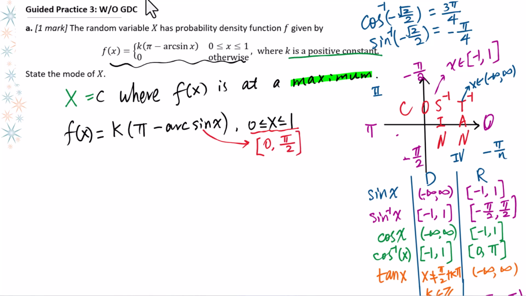We are looking for the maximum value. When x equals 0, pi minus arc sine has a maximum value. Therefore, x equals 0 is the mode.